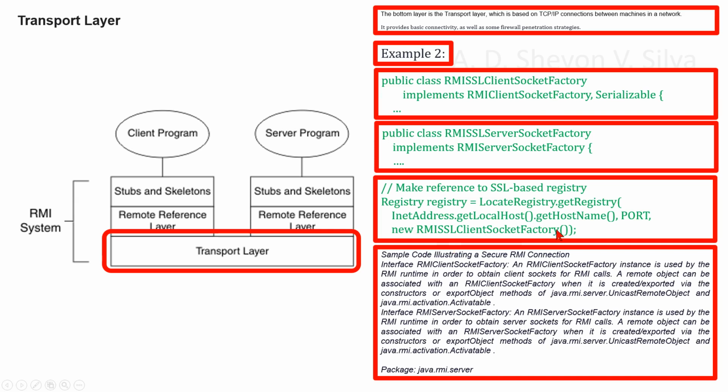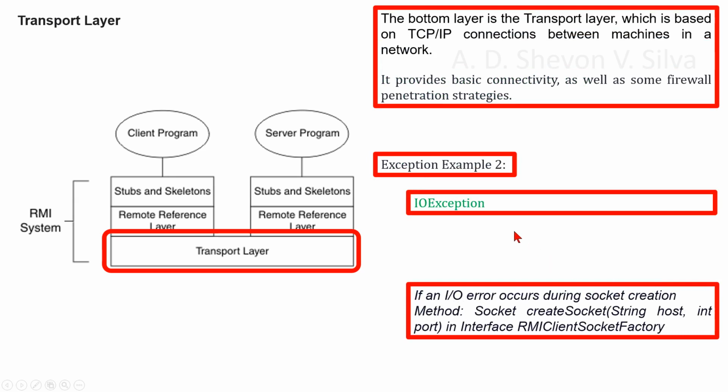As an exception example 2, we can consider IO exception. If an IO error occurs during socket creation in createSocket(String, int) method in interface RMIClientSocketFactory.